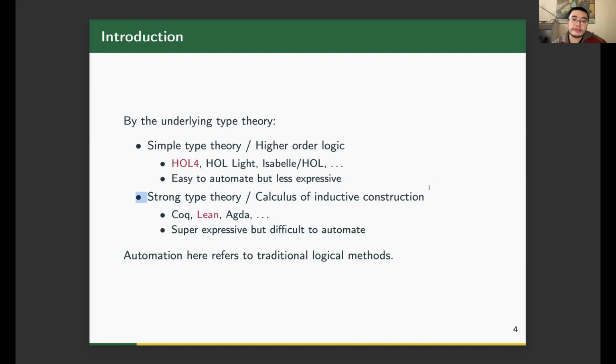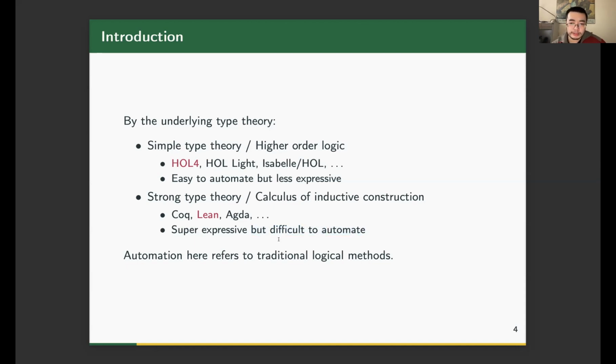On the other hand, we have these theorem provers that use strong type theory, mostly calculus of inductive constructions. So we have Coq, Lean, Agda, and the advantage of this kind of theorem prover is that they are super expressive. Because they have dependent types, they can express the algebraic structure very elegantly. But the problem with those is that they are very difficult to automate, because once you have those strong type systems, everything becomes almost undecidable.